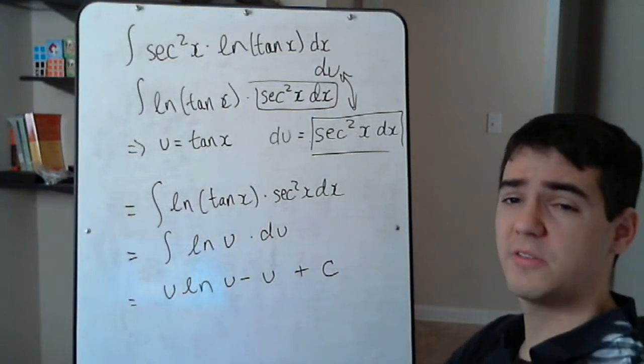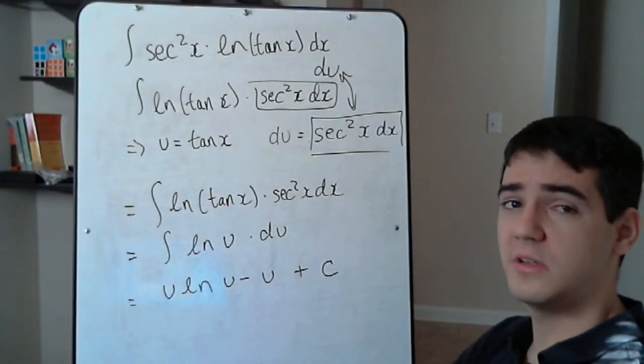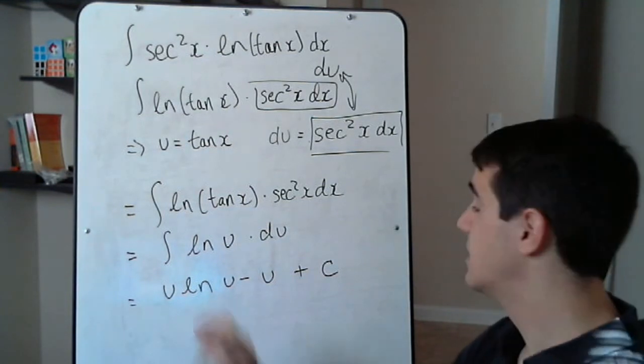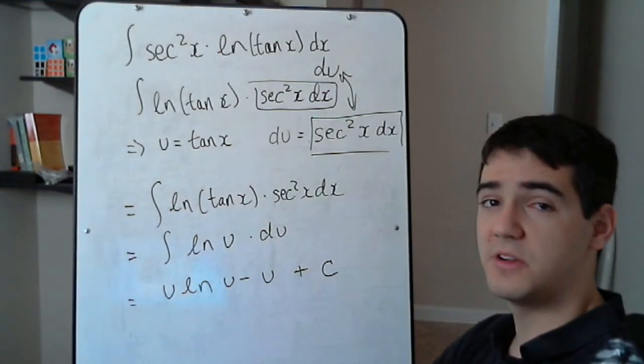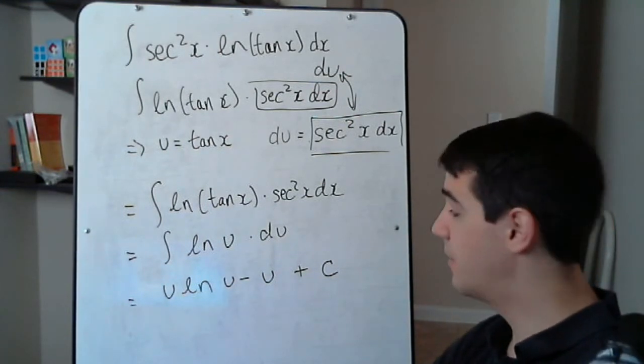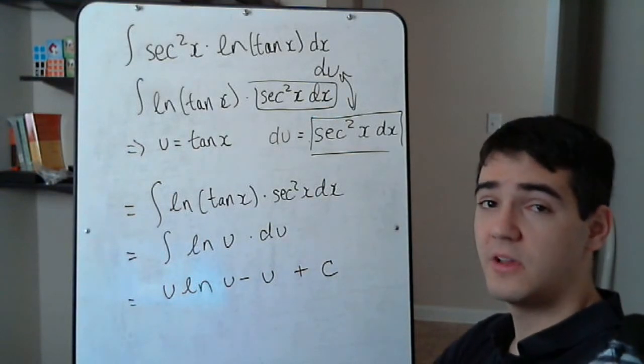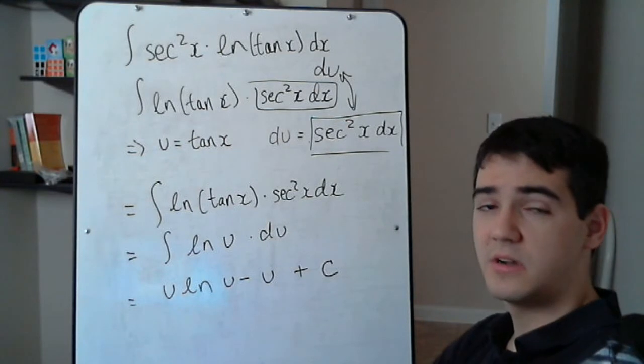This can be derived from a method that you will learn if you're in AP Calc BC, a little bit later on in the spring semester. It's called integration by parts. For all you AB students, you won't learn this until you take Calculus 2 in college.